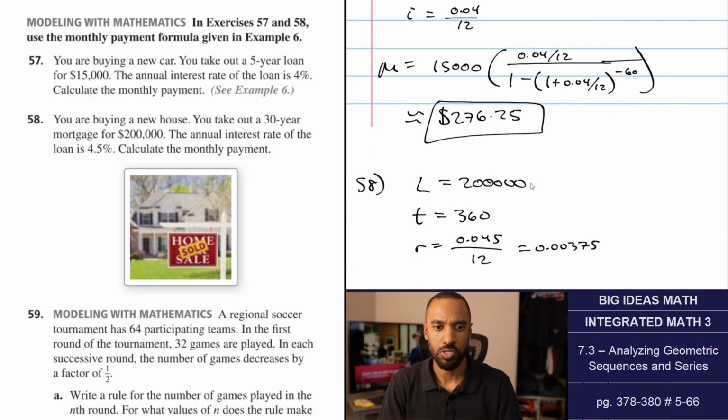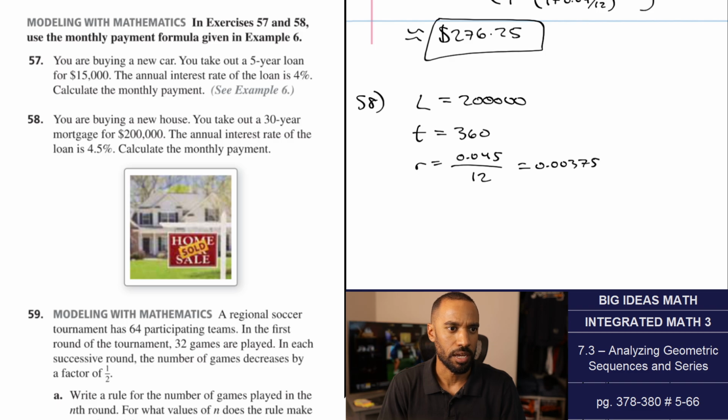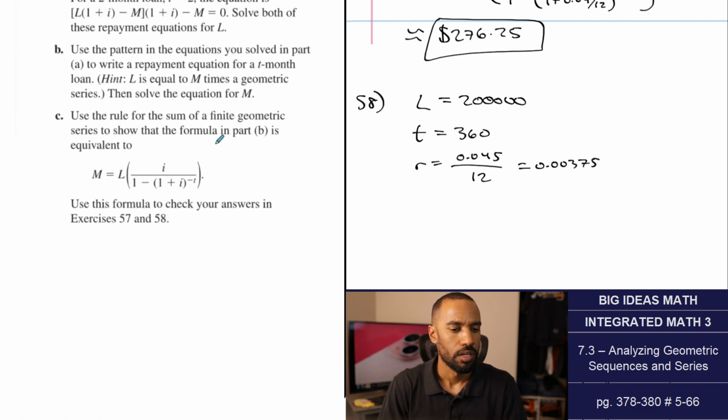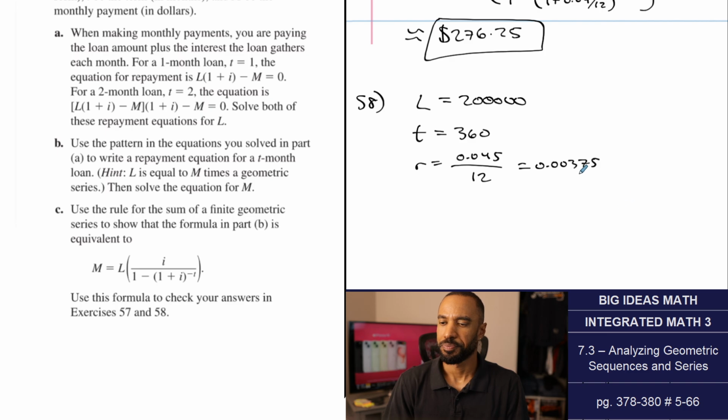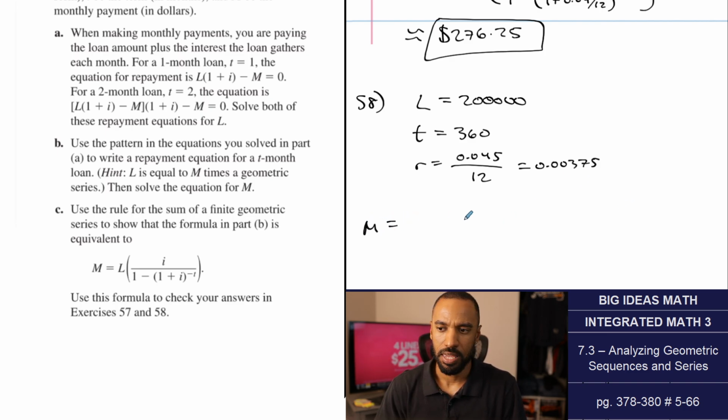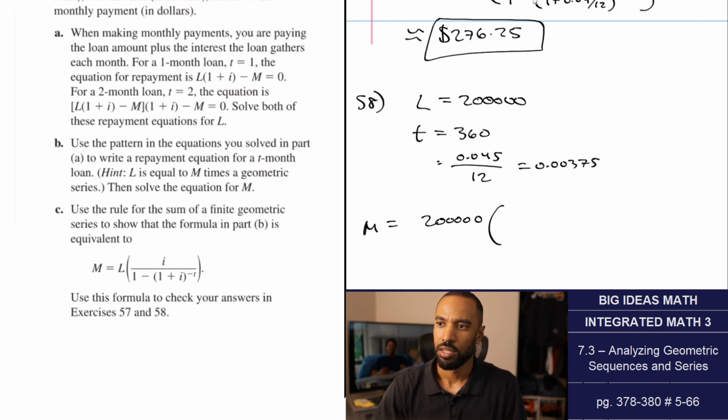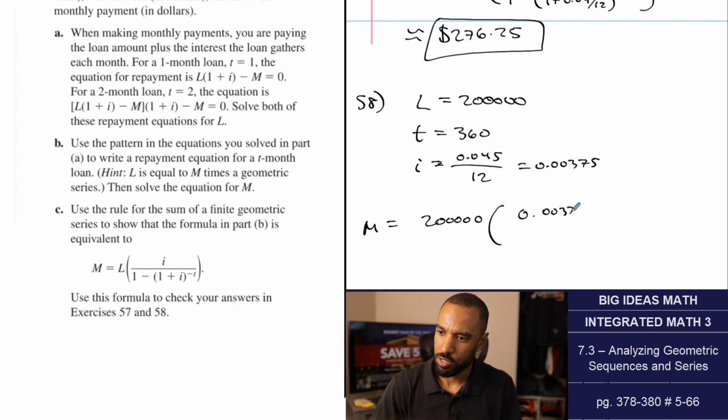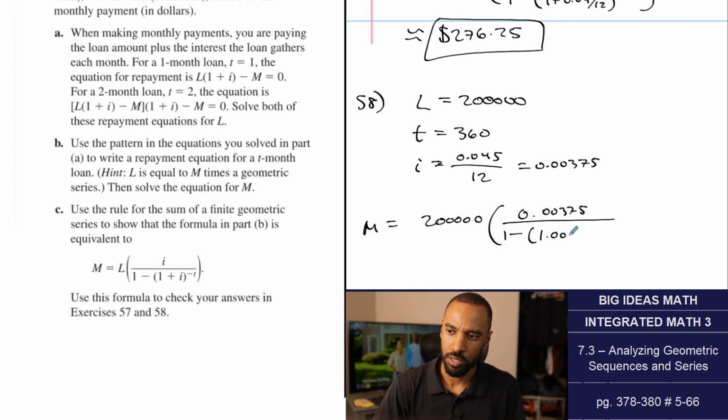So the formula we're using, I'm going to go back to the page because they have it written on there. So this is M equals 200,000 times, oh, this is an R, this is I, 0.00375 over 1 minus 1.00375 raised to the negative 360th power.